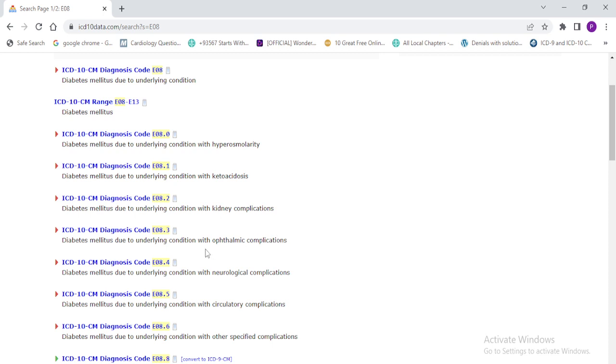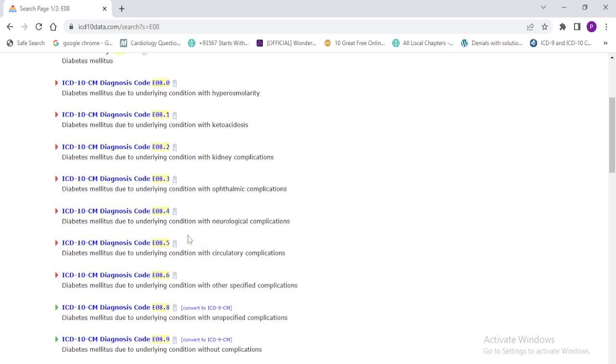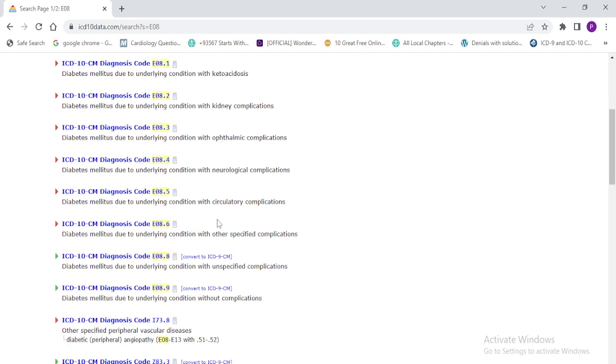E08.3 is underlying condition with ophthalmic complications. E08.4 is neurologic complications. E08.5 is circulatory complications. E08.6 is other specified complications. E08.8 is underlying condition with unspecified complications. E08.9 is underlying condition without any complications.